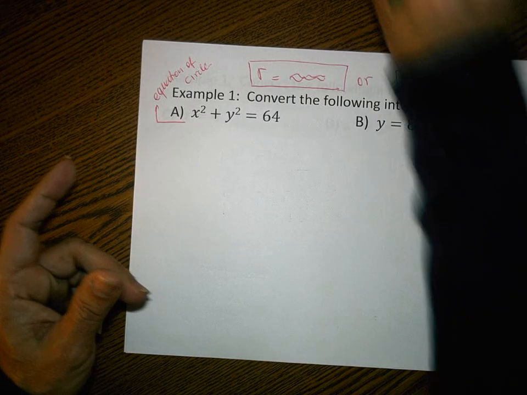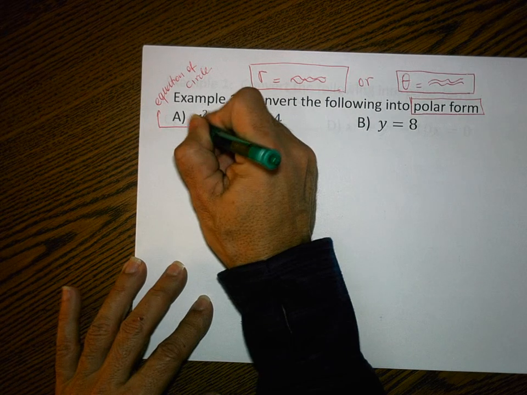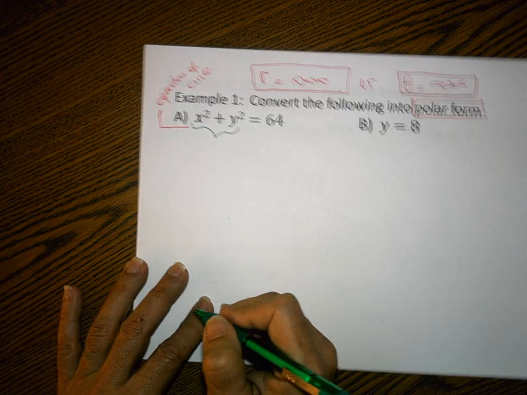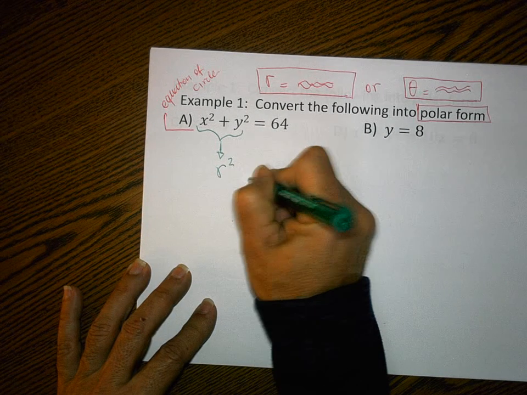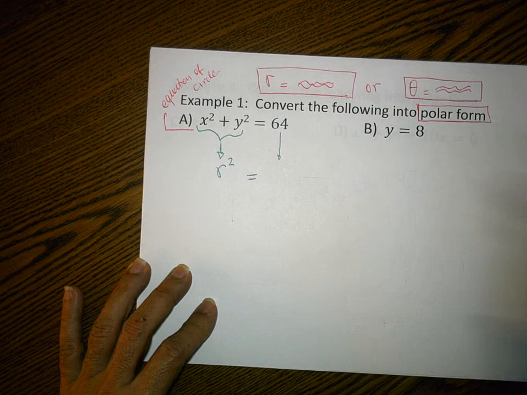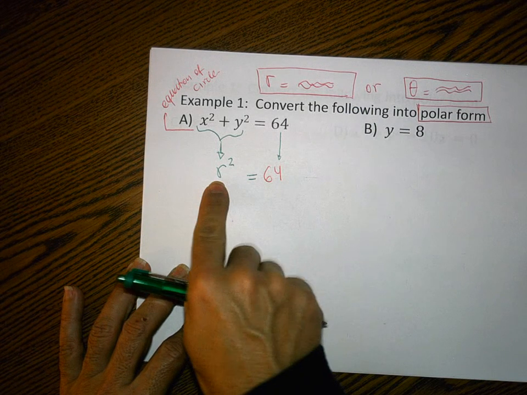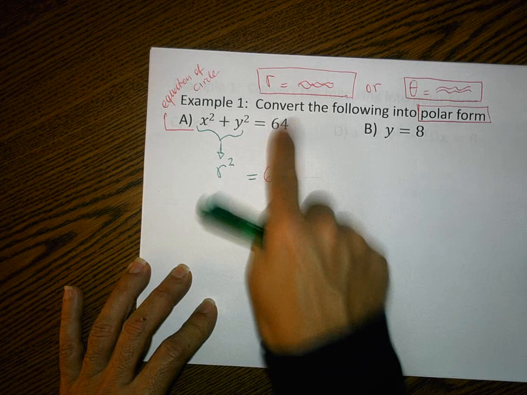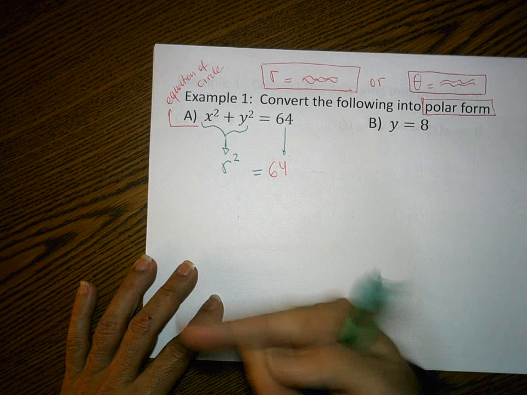Somehow, I want to change this to have an r involved. So I'm going to change this because I know that this equals r squared. And I know that this is just 64. As a matter of fact, 64 is r squared. Okay, this is my radius squared. I want to end up with just r, not r squared.